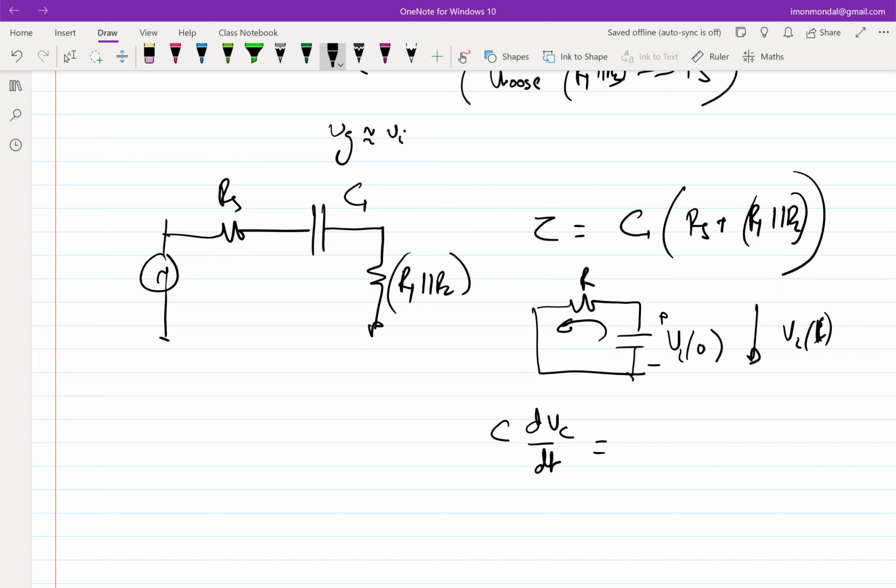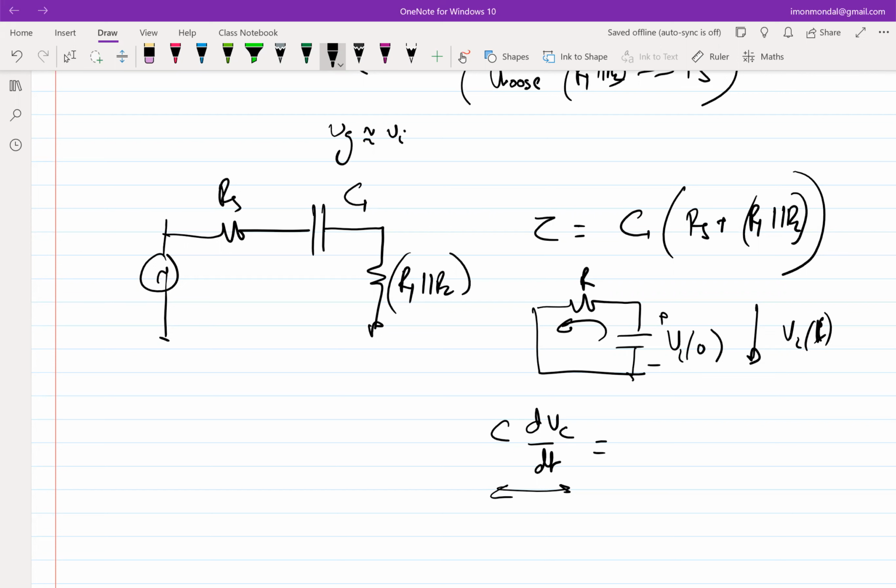in this particular network, plus minus. So when I say C dVC dt, which direction of current am I implying? Right, current from top to bottom in the capacitor. Forget about discharge.